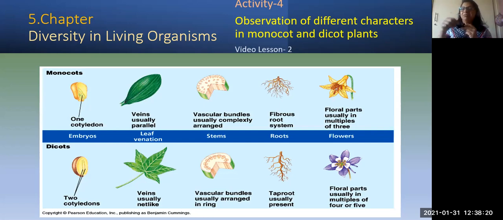It penetrates very deeply, so what will happen? It spreads its branches and gives a strong grip to the tree, because these are mostly big trees. If the base is not strong, what will happen? The trees will fall down. So to avoid the falling of the trees, these roots are very strong.